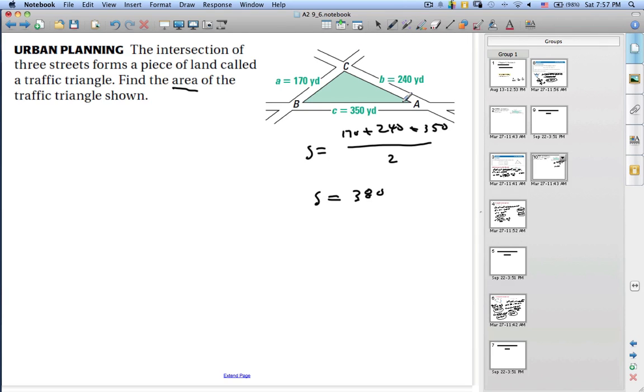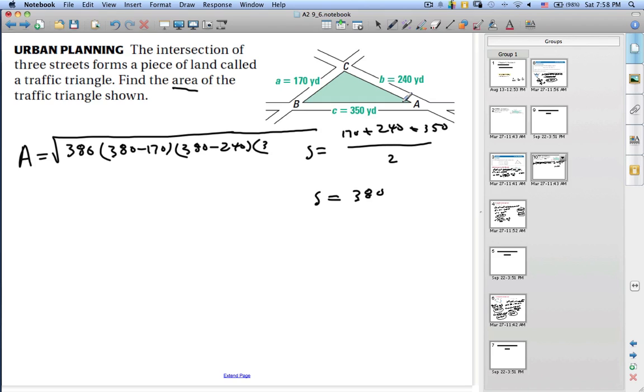Now when I want to find the area, it's going to be equal to the square root of the semi-perimeter, 380, times the semi-perimeter minus the first side, times the semi-perimeter minus the second side, times the semi-perimeter minus the third side, 350.